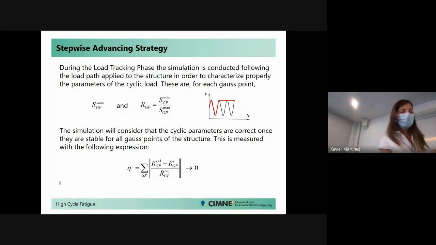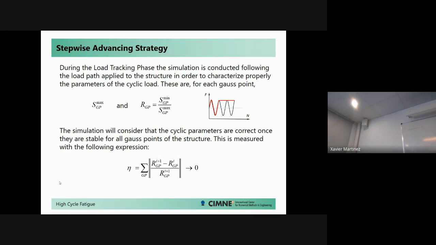So when I say that I'm following some variables from one cycle to the next, what I'm basically saying is we apply the simulation with a small number of cycles, with small increments, for each number of cycles. We monitor the maximum stress at each integration point inside each finite element from one cycle to the next, and we're also monitoring the ratio between the stresses at each integration point in each finite element.